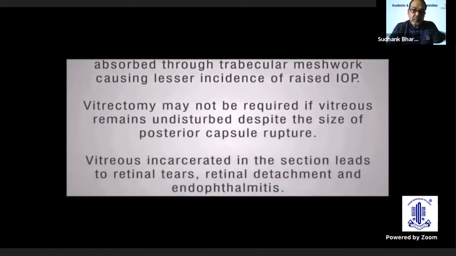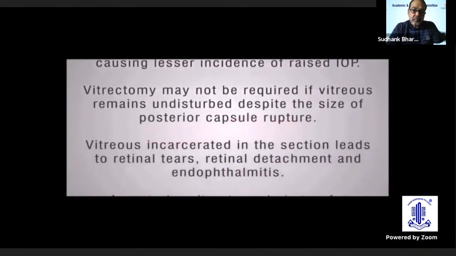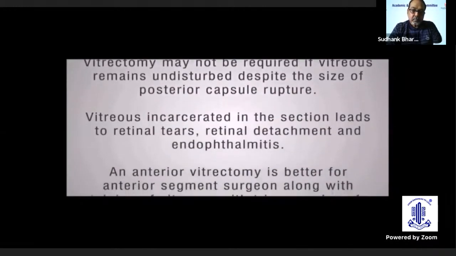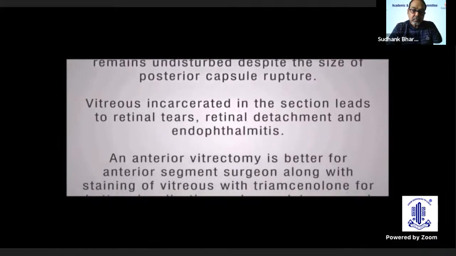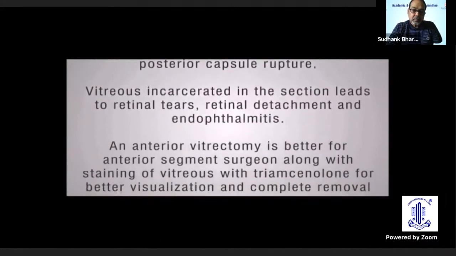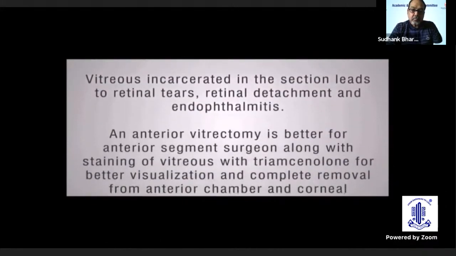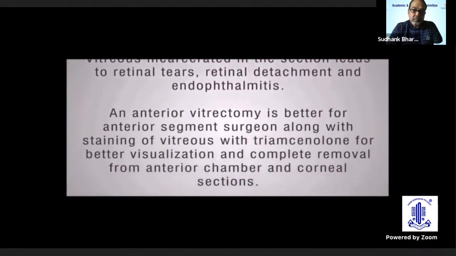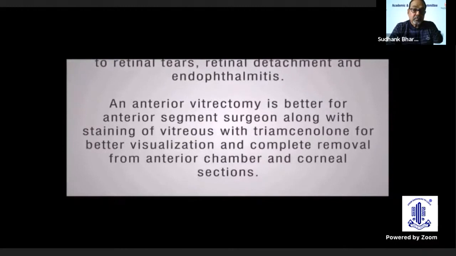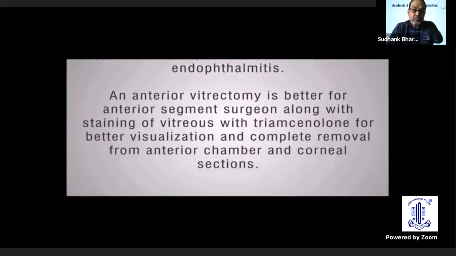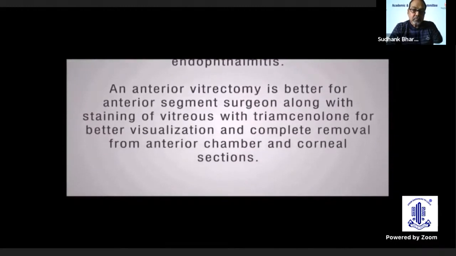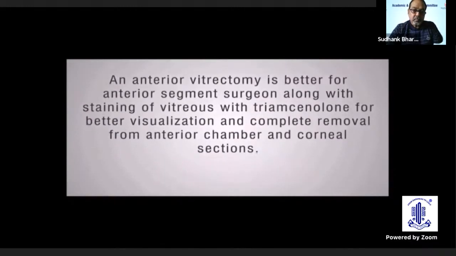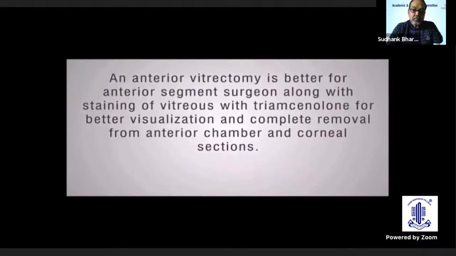Vitrectomy may not be required if vitreous remains undisturbed despite the size of posterior capsular rupture. Vitreous incarcerated in this section leads to retinal tears, retinal detachment, and endophthalmitis. An anterior vitrectomy is better for anterior segment surgery, along with staining of vitreous with triamcinolone for better visualization and complete removal from anterior chamber and corneal sections.